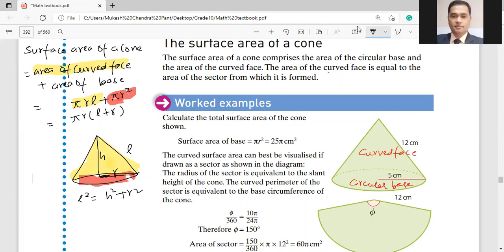Or you can find the curved face area pi r L first, then the base area, and then add them. This is also something you can do. So note down the formula. There is only one formula for the surface area of a cone.